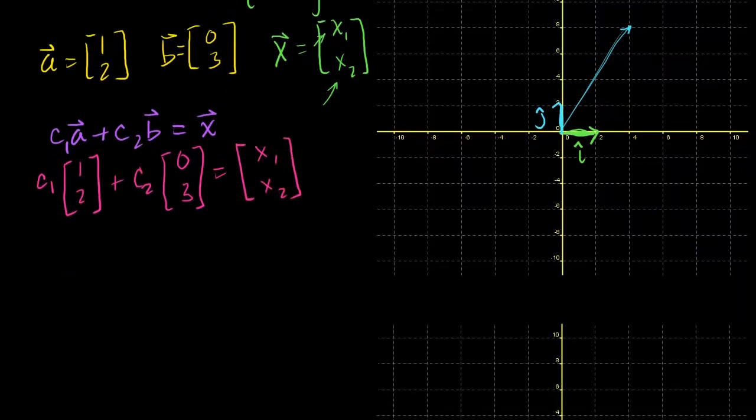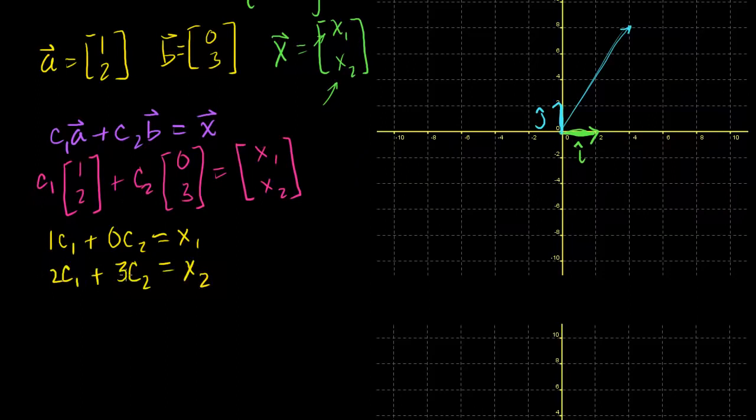If this is true, then the following must be true. c1 times 1 plus 0 times c2 must be equal to x1. We just get that from our definition of multiplying vectors times scalars and adding vectors. And then we also know that c1 times 2 plus c2 times 3, 3c2, should be equal to x2.